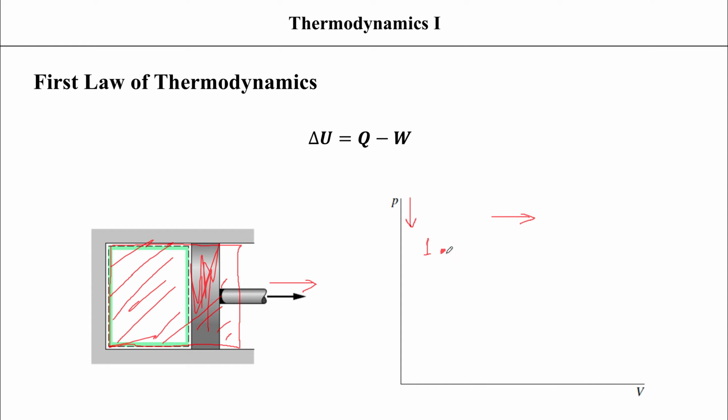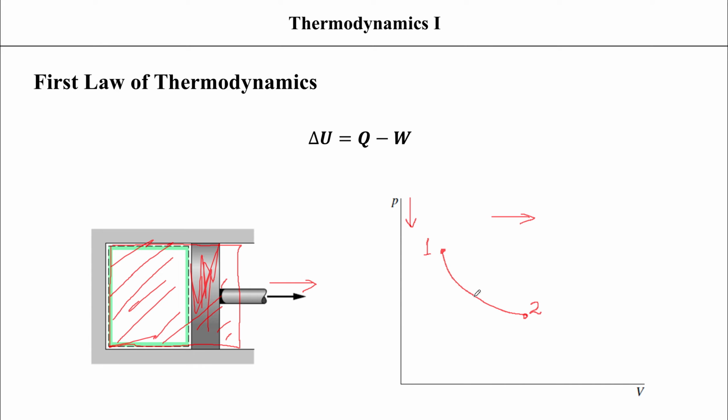So from this state 1, we would be, let's say, arriving somewhere here, okay, after the expansion. And now this is going to be represented as state 2. So our system has gone through this process 1 to 2, from state 1 to 2.